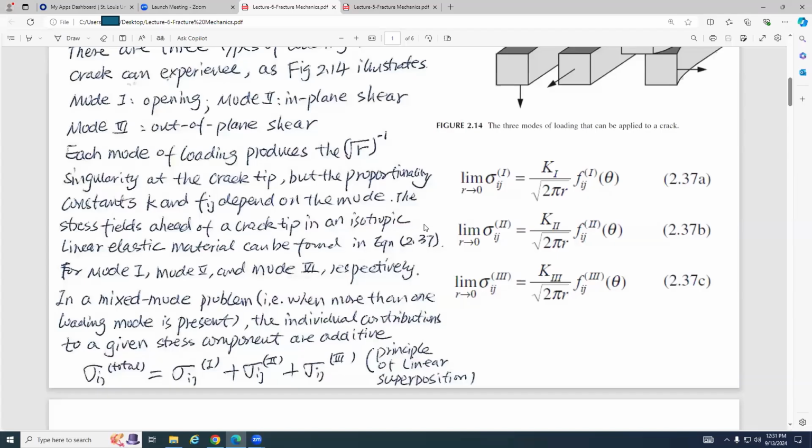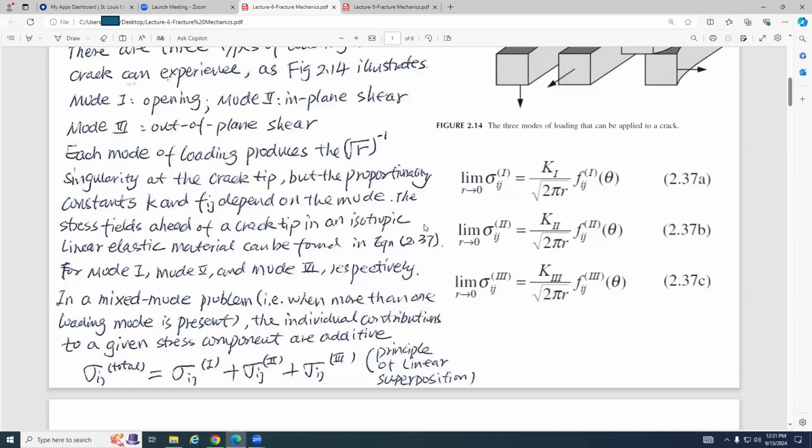Each mode of loading produces that singularity, 1 over square root of r, at the crack tip, but the proportionality constants K and Fij depend on the mode.